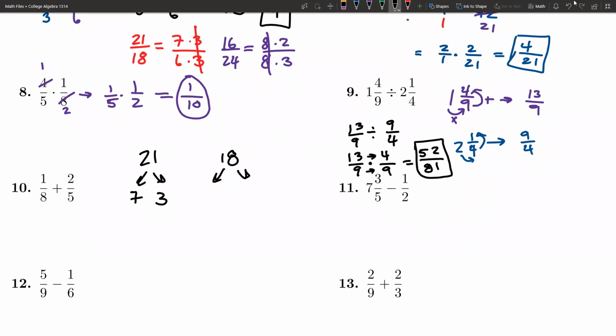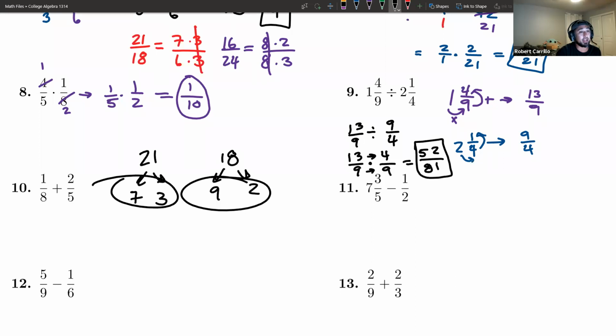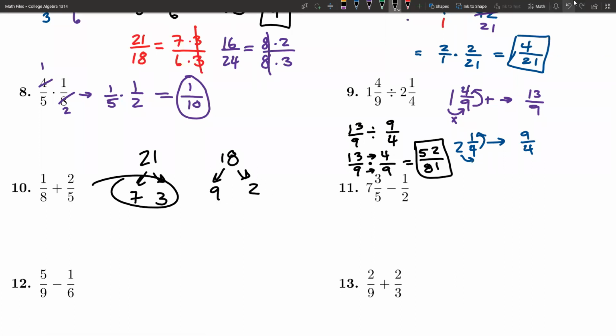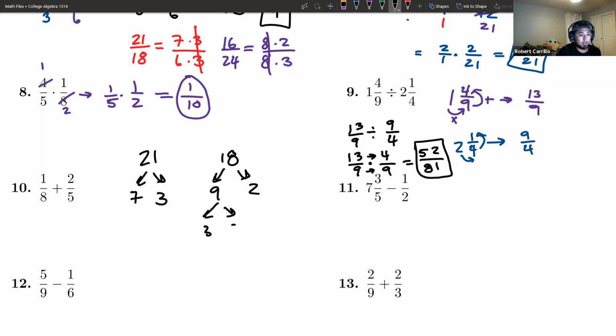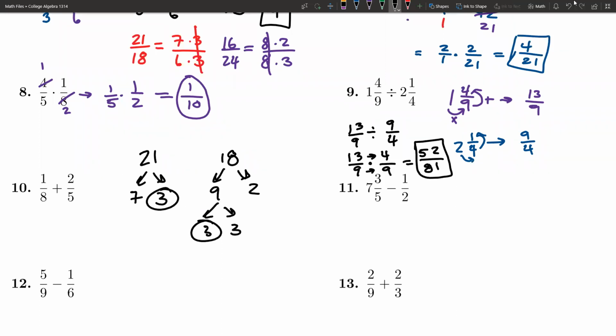I can first start off 18 with 9 and 2. And we don't see any numbers in common here yet, right? So that means I can break it down one more time, 3 and 3. So now we see a common factor. So what we did in that problem above, we said the greatest common factor of 21 and 18 happened to be 3. So that is just something you would do with breakdown. Yeah, for sure.